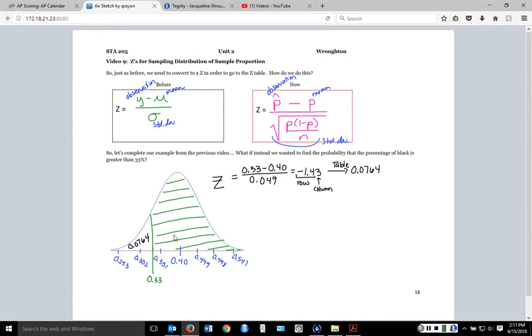So how can I actually find my probability? Well, if I just take 1 minus that number we got in the table, that's going to give me everything else, since I have to add up to 100%. So then this piece that I actually want is the 0.9236. So this 0.9236 will be our answer.